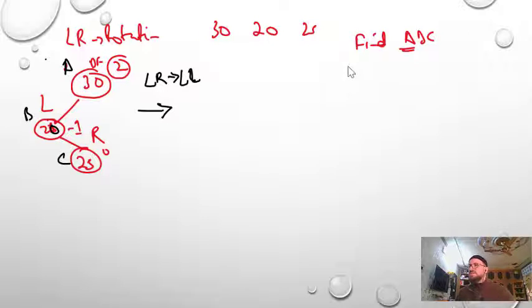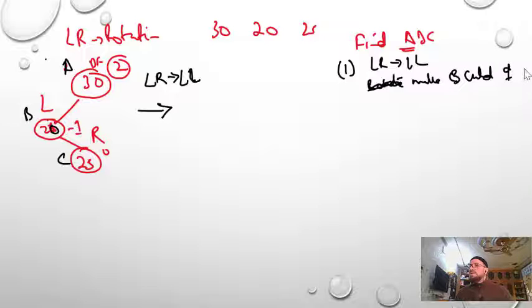In the first step, convert LR to LL. How? We rotate at B, or we can simply say make B child of C. How can I make B child of C? I will rotate there anti-clockwise.